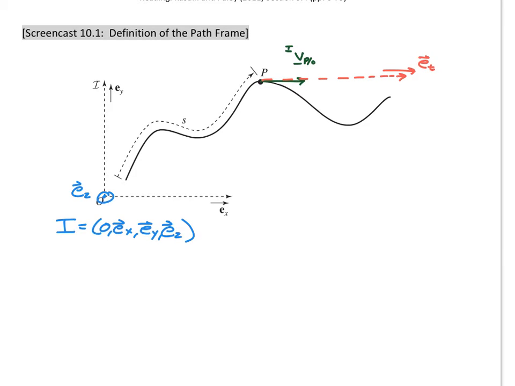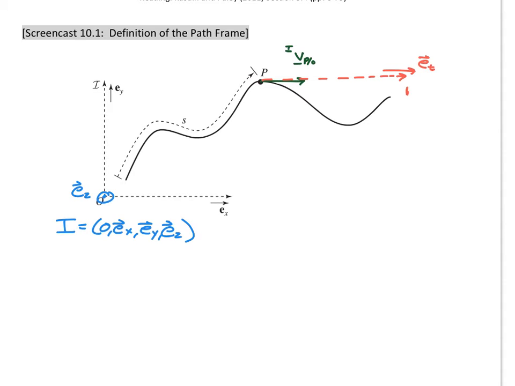And so you should see that as this particle travels along the path, E sub t, this basis vector, is going to change directions, and it's dependent upon the curvature of the path, or where it's tangent. And so you'll see that this basis vector, E sub t, is a non-inertial basis vector because it's changing orientations dependent upon where the particle is on the path.